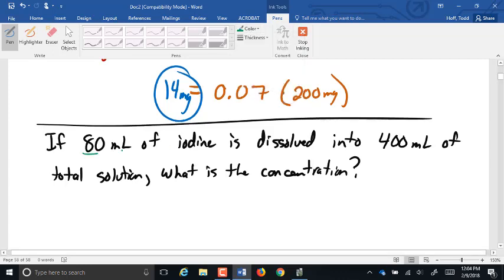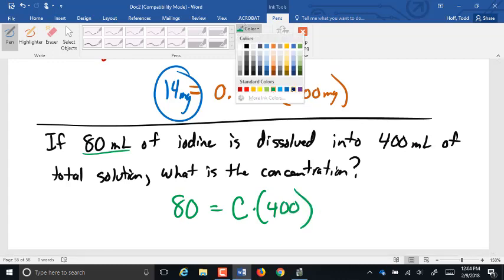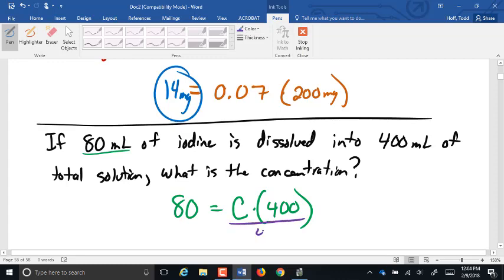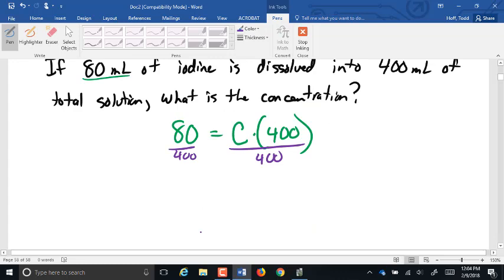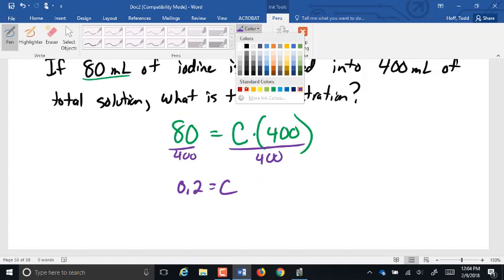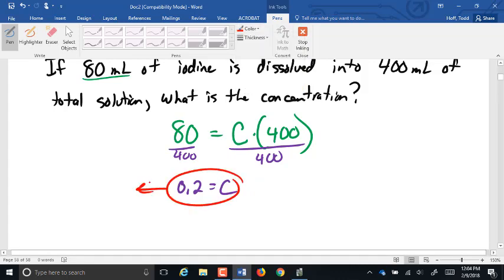So here, the 80 milliliters is the total amount of that solute. It equals, we're looking for the concentration. So I'm just going to use a capital C for concentration, times we have 400 milliliters of total solution. I divide by 400 here. 80 divided by 400 is 0.2 equals C. So I have a concentration of 0.2, which I can list as 20%.